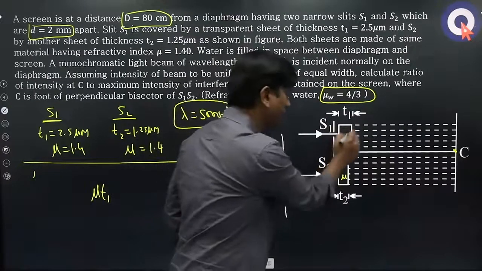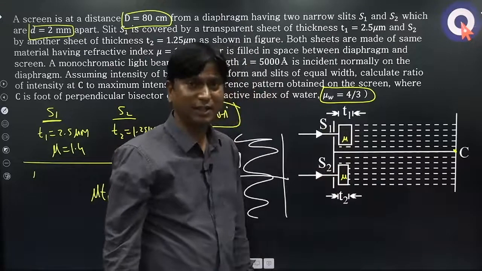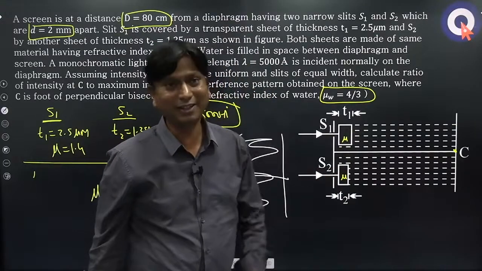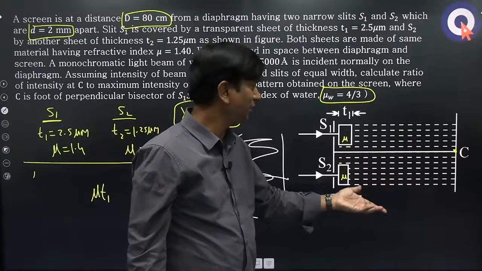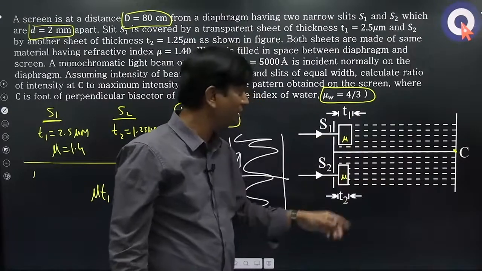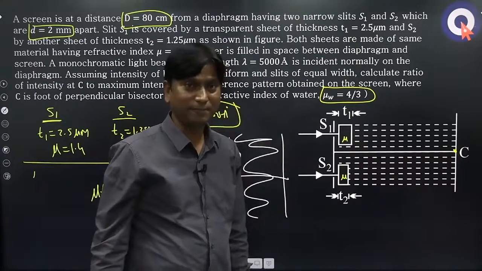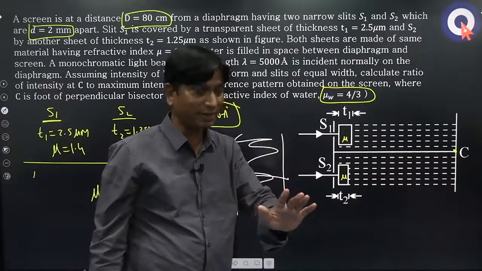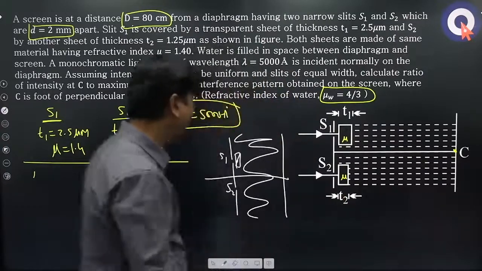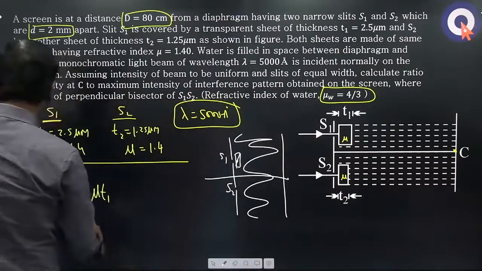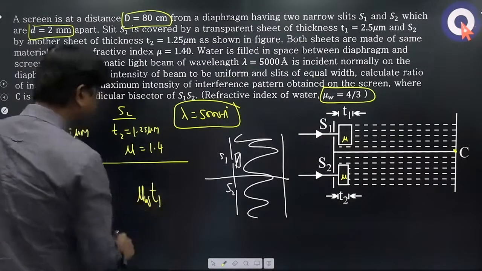Because if the slab were not there, then that much distance the wave would have been covering the same distance in water, right? So how much distance would it be covering in water? If the slab was not there, it will cover a distance of T1 only in water. So that is equivalent to how much distance in air? Nu of water into T1.